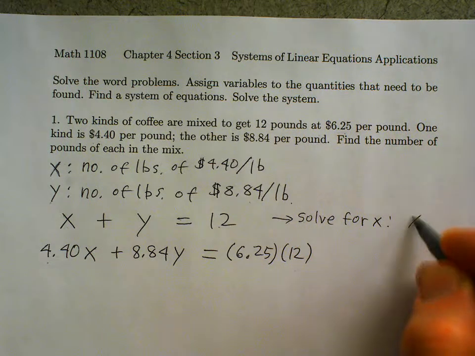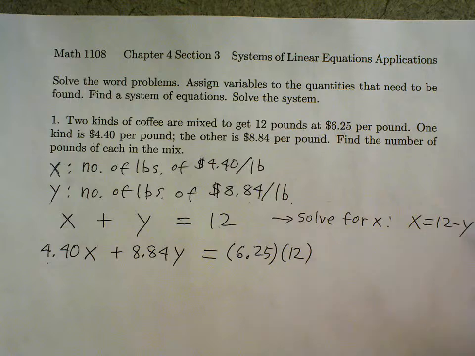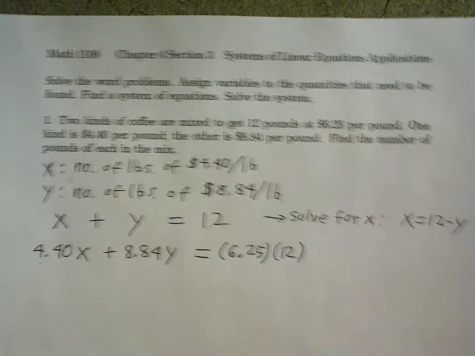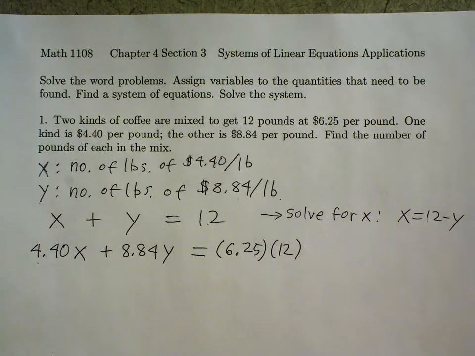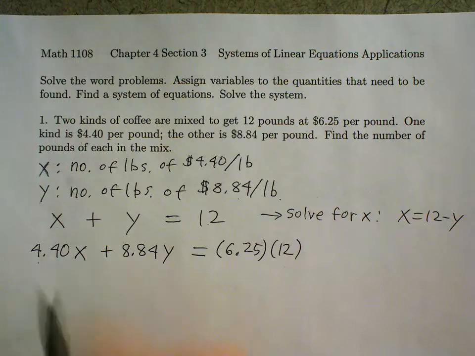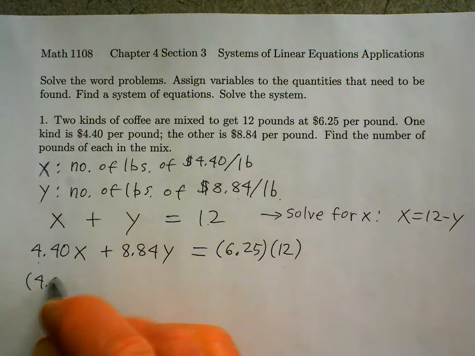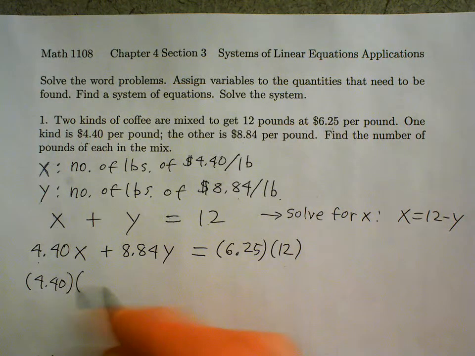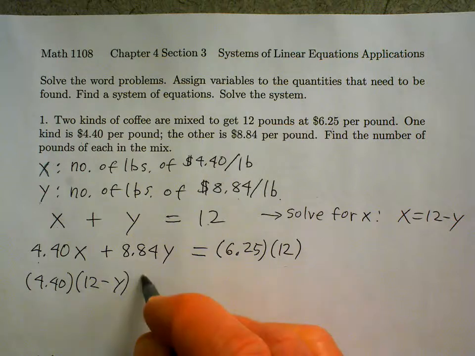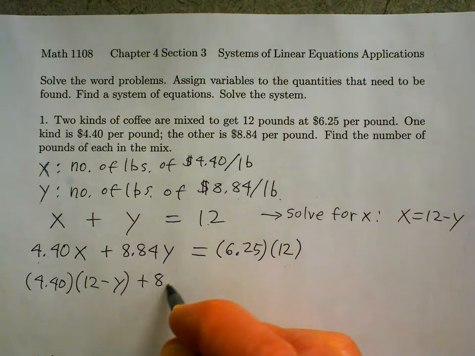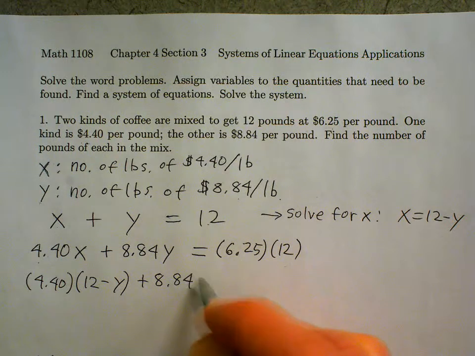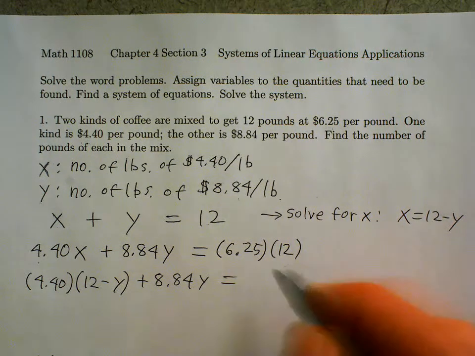So x is equal to 12 minus y. And then in the other equation, replace x with 12 minus y. And then solve this equation for y.